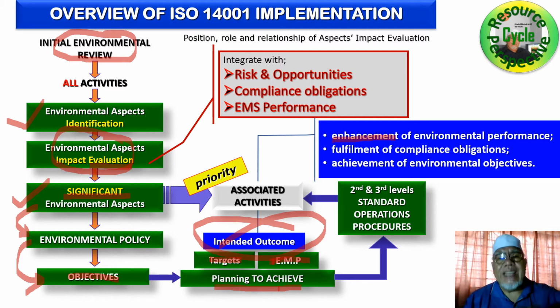That is why I have in the dashboard EPE, environmental performance evaluation, and what is the score, and how does a company do as far as environmental performance, and fulfillment of a compliance obligation has got to be part of our objective. And to achieve those objectives, there you are, we got targets and environmental management program. Simple, isn't it?